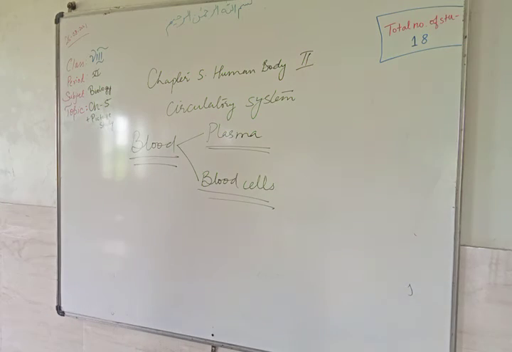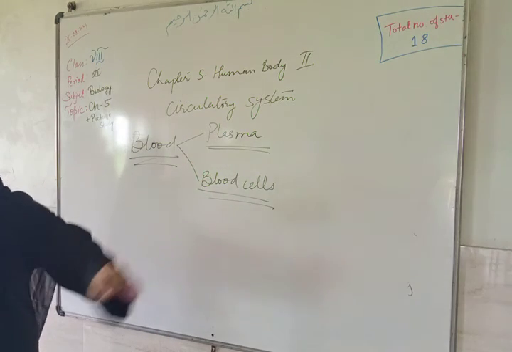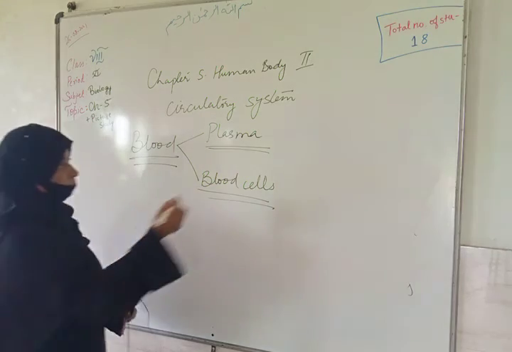You tell the ratio, and I will continue. How much plasma? 55% plasma, 45% blood cells.